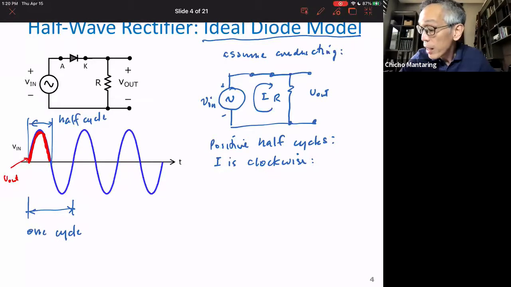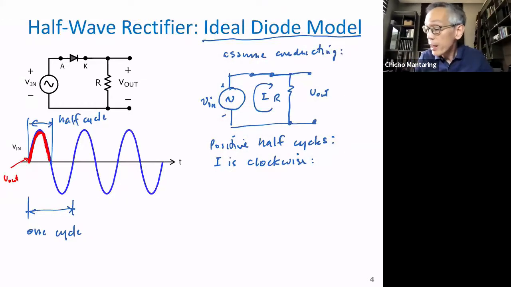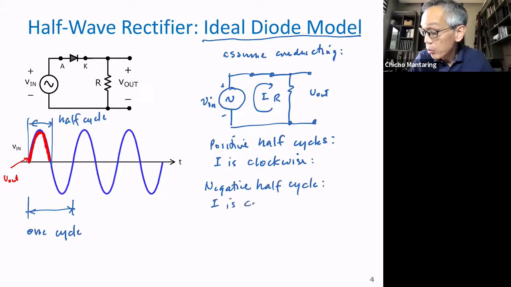Now what happens during the negative half cycle? During the negative half cycle, what becomes the direction of the current? It becomes counterclockwise because our input voltage now is negative. Our input voltage is negative, so we're going to get a negative value of I, or the actual direction of current will be in the counterclockwise direction. So negative half cycle, I is counterclockwise.